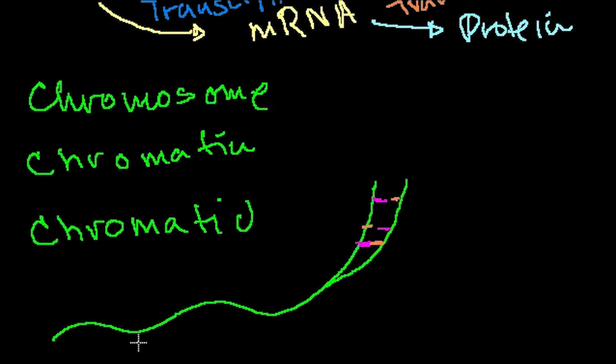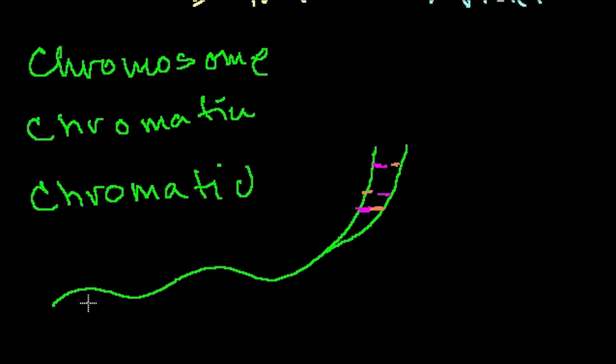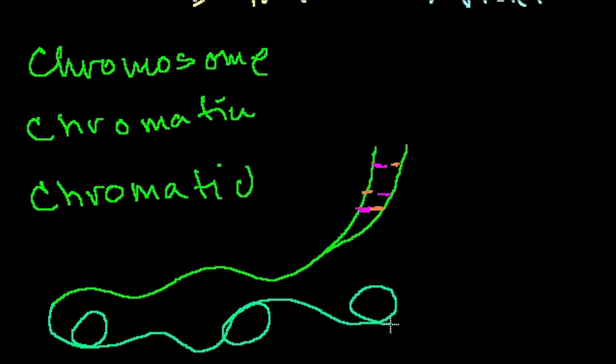So I want to be clear, when I draw this little green line here, it's actually a double helix. Now, that double helix gets wrapped around proteins that are called histones. So let's say it gets wrapped like there, and it gets wrapped around like that, and like that. And you have here these things called histones, which are these proteins.